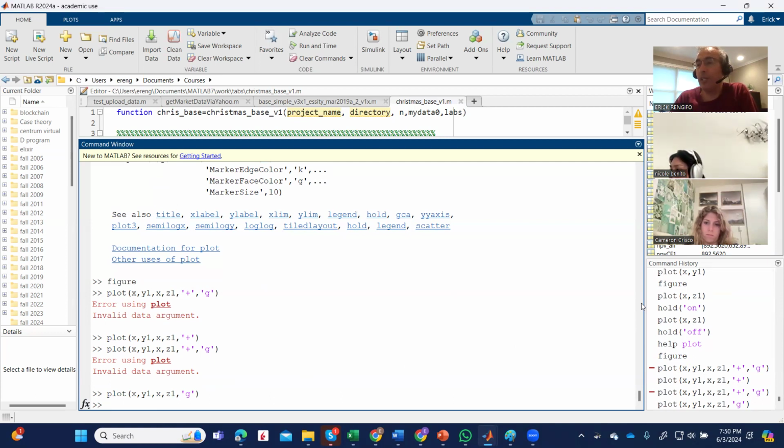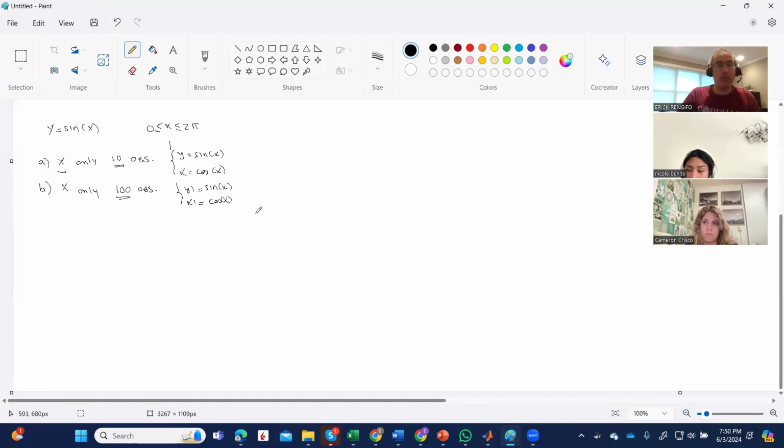Okay, can you do the following plots? Just for fun. Do the following plots, guys. I want you to plot independent graphs, okay? In new figures.